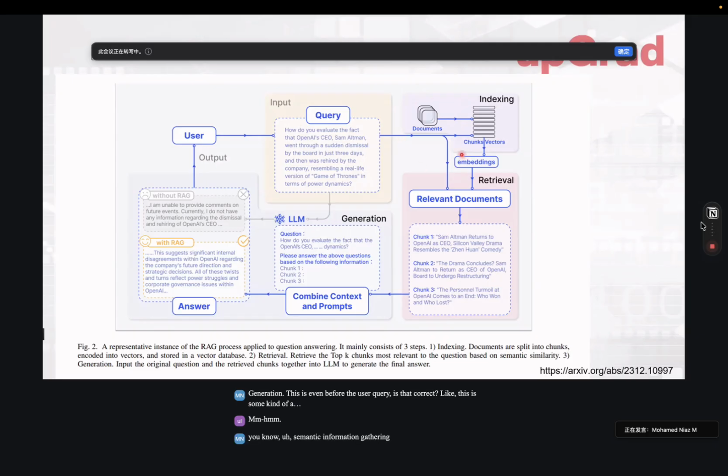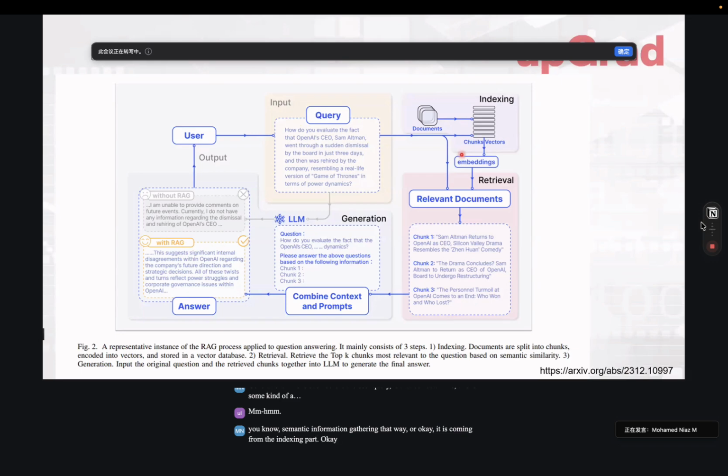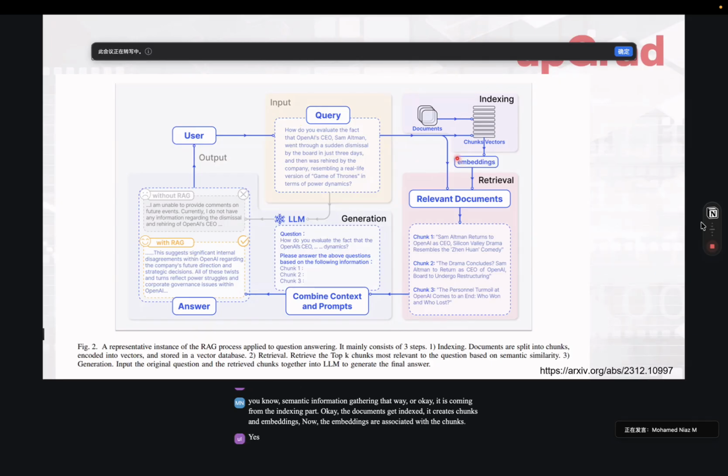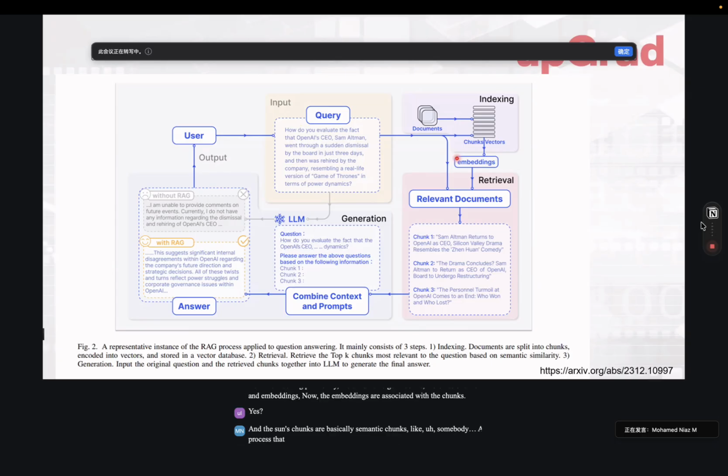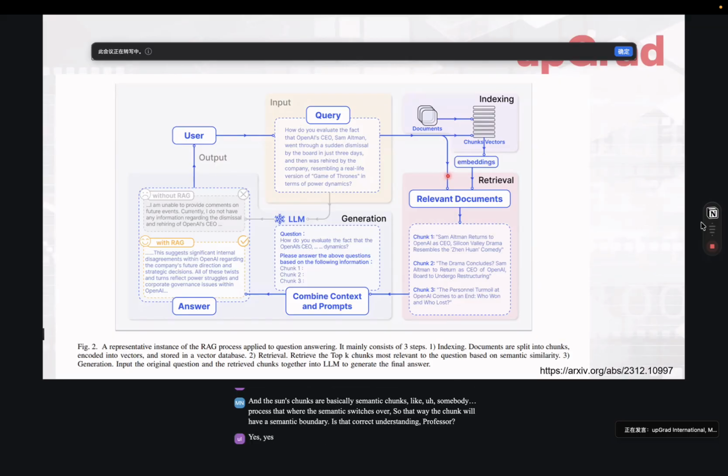It is coming from the indexing part. The documents get indexed, creating chunks and embeddings. The embeddings are associated with the chunks, and the chunks are basically semantic chunks. Somebody parses where the semantic switches over, so the chunk has a semantic boundary. Is that the correct understanding, Professor? Yes, the second one is correct.